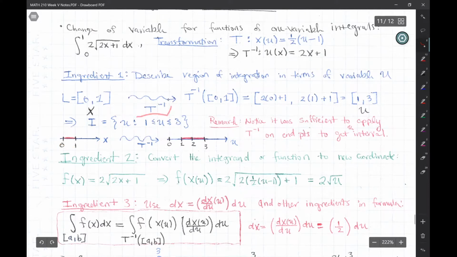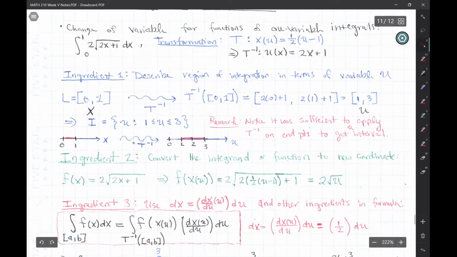We're going to apply the inverse transformation on this original interval, and when we do so, it's sufficient to just look at the endpoints generally. So let's look at how the inverse transformation behaves at the endpoints. We plug in the endpoint 0 into our inverse transformation, and we get 1. And we plug in 1, and we get 3.